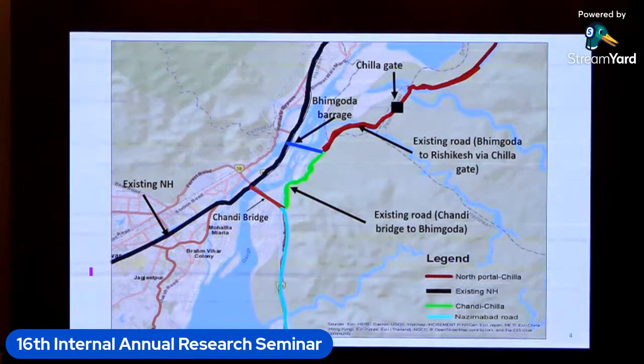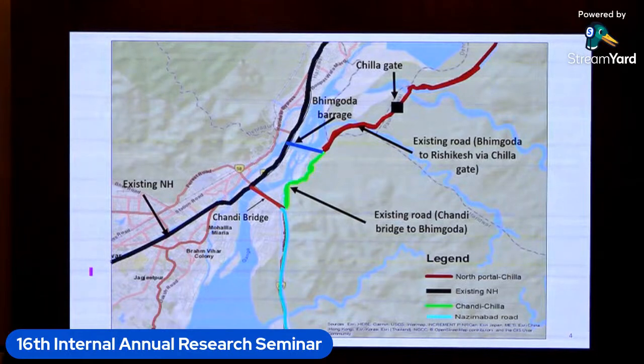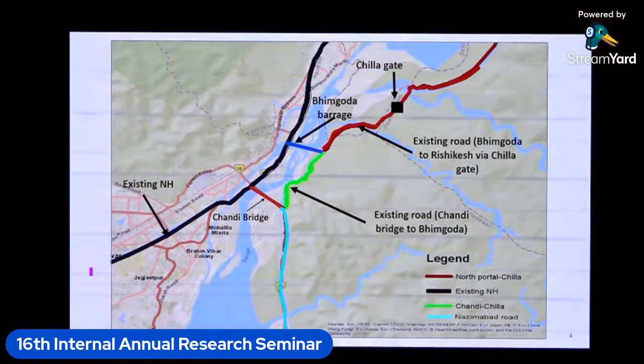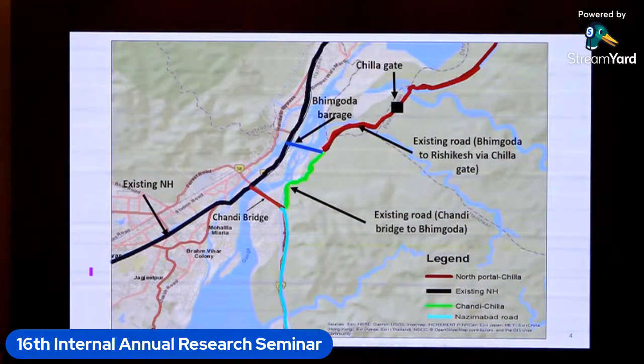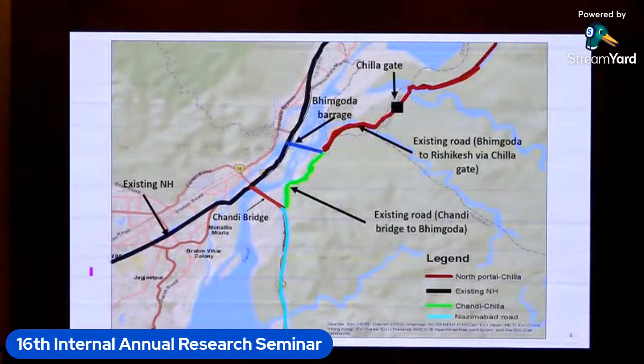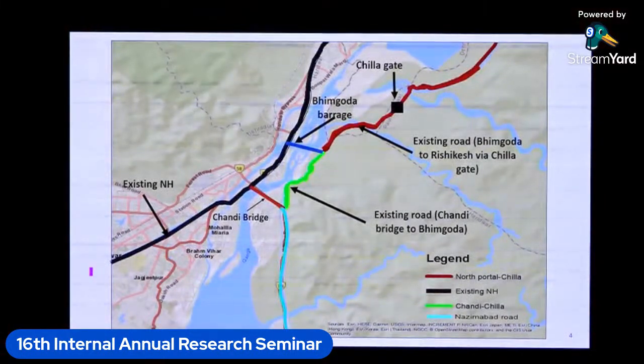These are some existing roads in Haridwar. This black road is the existing NH in Haridwar. This red road is the Chilla Rishikesh Road, which goes from Bhimgoda Barrage to Rishikesh via Chilla Gate.